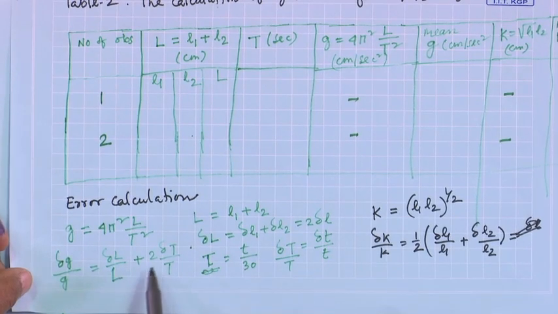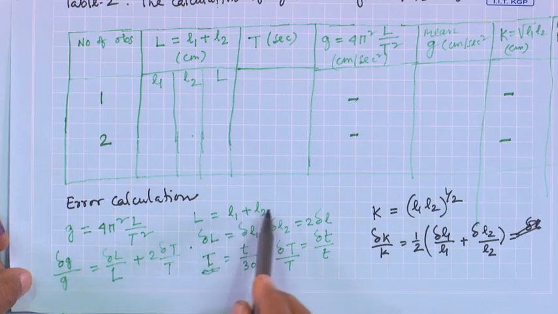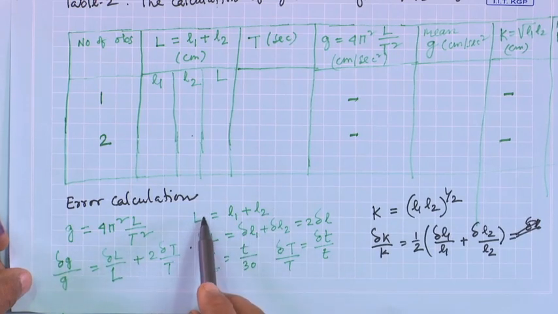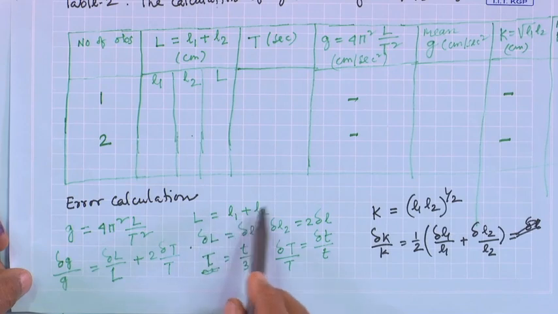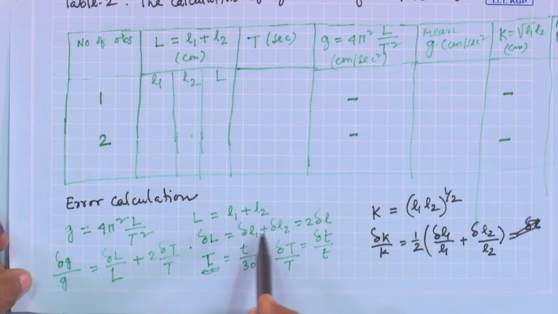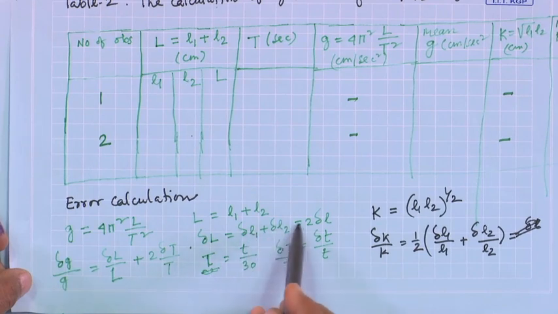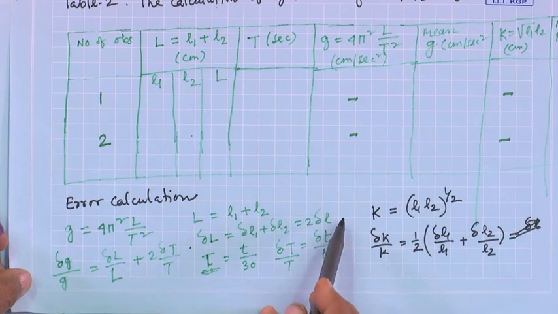It is very simple. Now, L you are not measuring directly, you are measuring it from L 1 and L 2. So, L equal to L 1 plus L 2, and delta L is delta L 1 plus delta L 2, both are the same, so it is equal to 2 delta L, right.